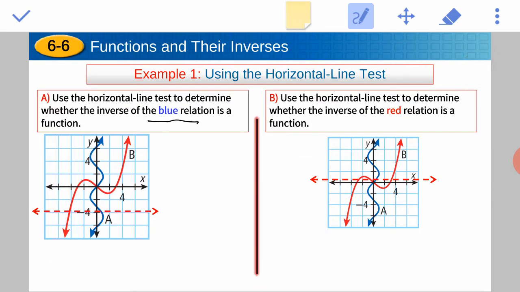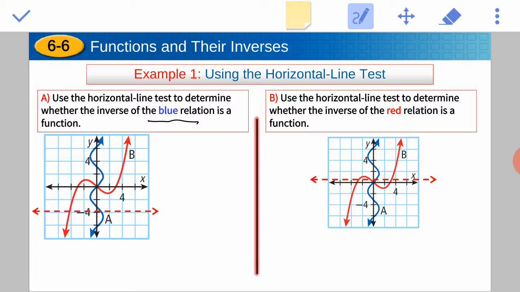Example number 1: applying the horizontal line test. In part A, we're going to focus on the blue graph, so please ignore the red one. Now we're focusing on the blue one. This is our original graph. And I'm asking you to determine whether the inverse of this blue graph, which is not graphed, is going to be a function or not.